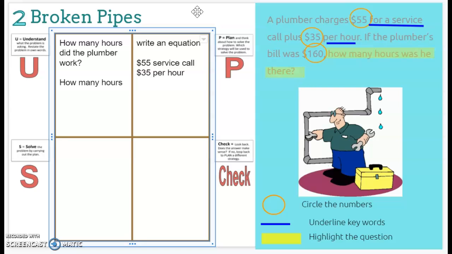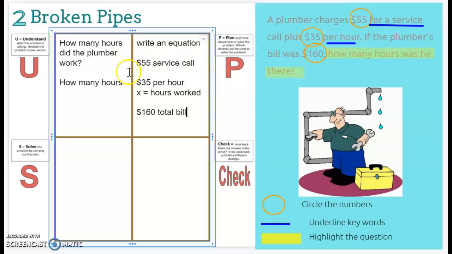We don't know the amount of hours, unknown hours, or that could be hours worked. Let's do it that way. X equals hours worked. Okay, so those two go together because we have hours right here per hour, hours worked, we're just not sure. And then we have our total bill, which is $160 total bill.